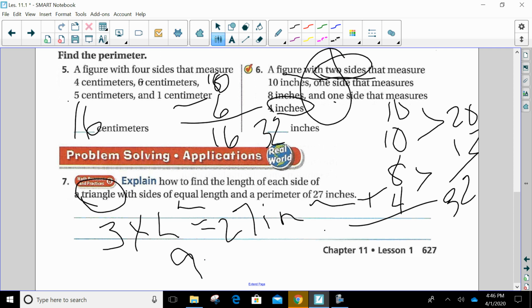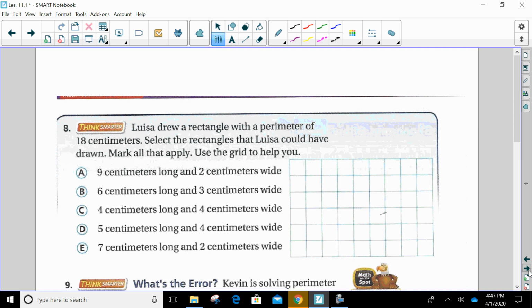If I add up 9 plus 9 plus 9, the 3 sides of equal length, I would get 27 inches. And we know from the last chapter that that's an equilateral triangle. Don't forget those terms.